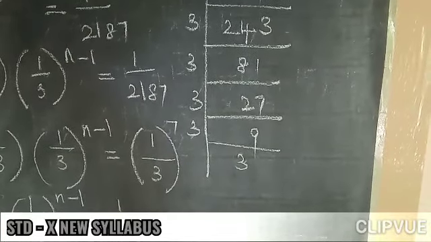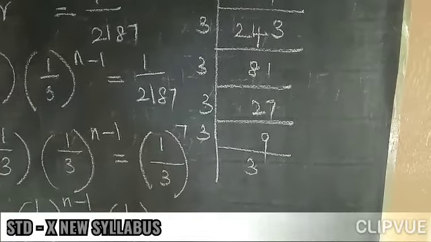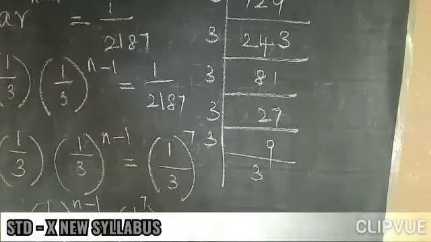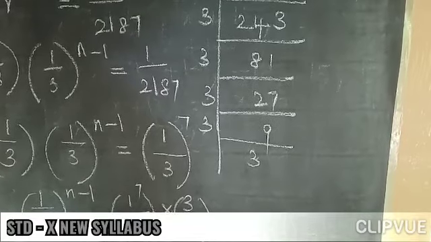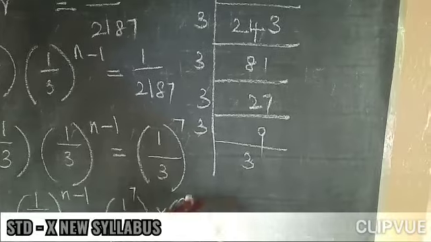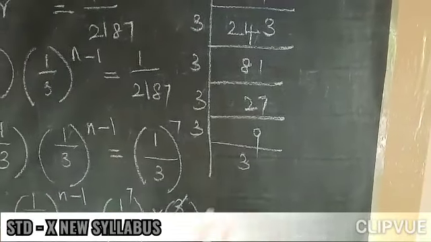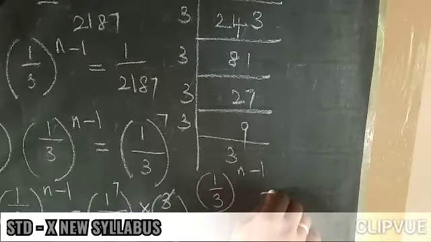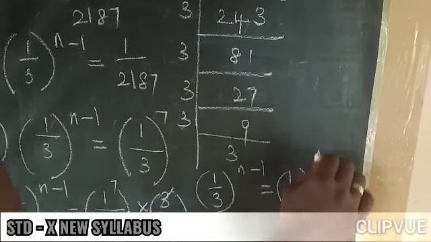So 1 power 7 divided by 3 power 7, into 3 by 1. Here 7 minus 1 gives 6, so if we cancel, 6 times will be there. 1 power 7 is 1, you know very well. So 1 by 3 whole power n minus 1 is equal to 1 by 3 whole power 6.